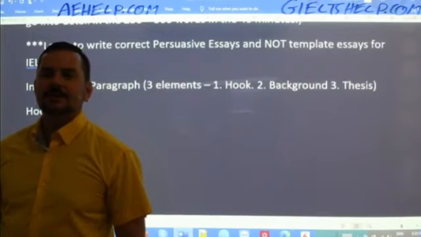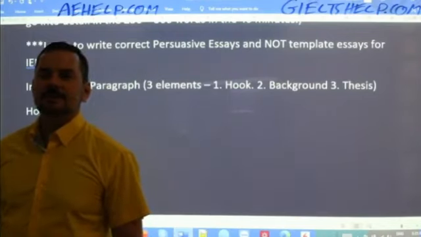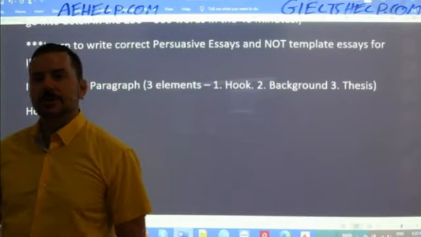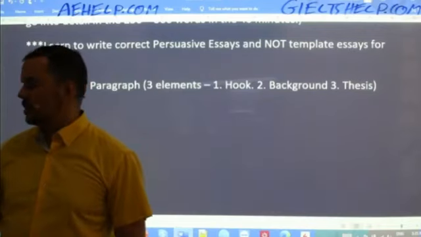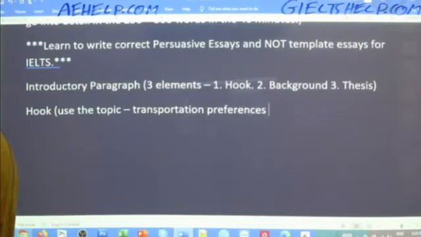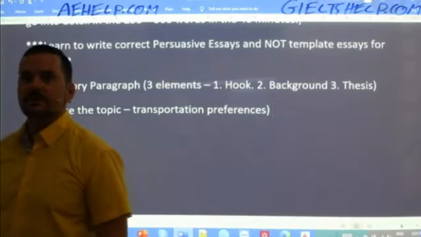Summit says, private transport is time-consuming and can prevent people from traffic jams. Summit, that's one side of the picture, and it's an argument. For the hook, just use the topic, okay? Use the topic. Transportation preferences. Okay, that's the topic. Use that in the hook somehow.